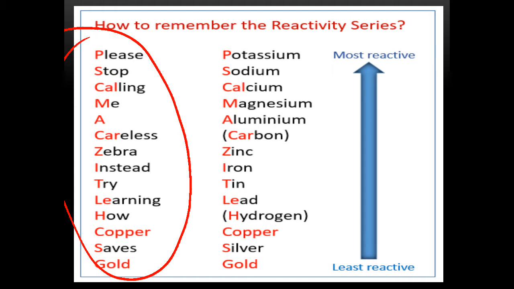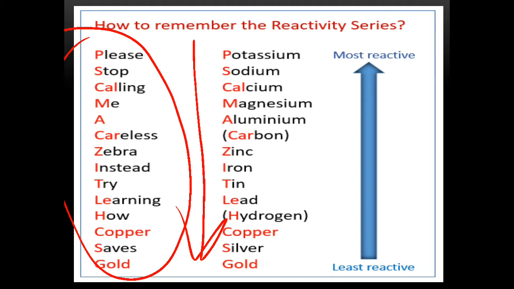Sometimes it is really helpful, like: please stop calling me a careless zebra. Instead, try learning how copper saves gold. So please means potassium, stop comes from sodium, and this is how the series will help you.